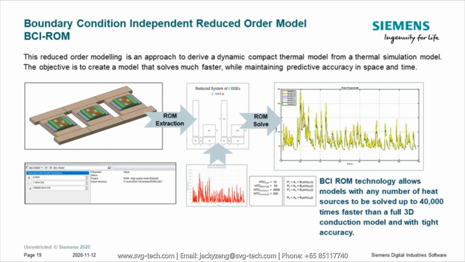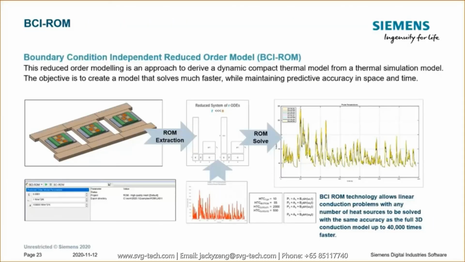But you can take that type of model and, through this ROM extraction process, solve what would otherwise be a very long-running analysis in a 3D CFD environment, and massively shorten the time it takes to solve that type of problem. This isn't going to apply to every type of thermal problem you're going to run into, but for the ones it does, this can be a very powerful way of getting that information.